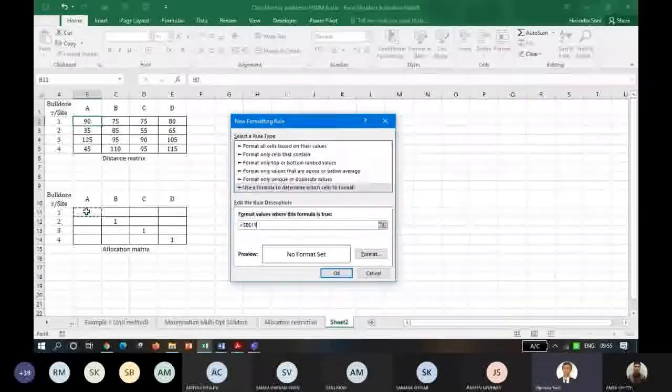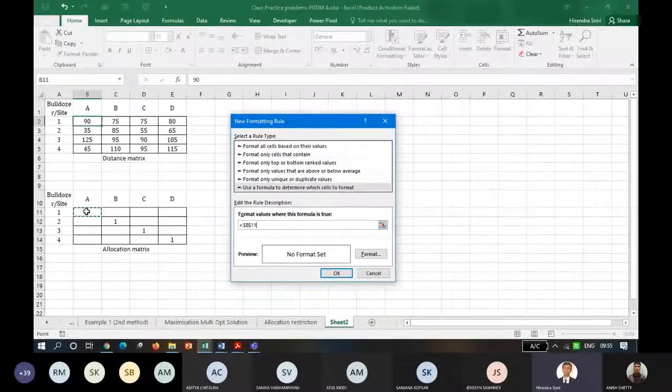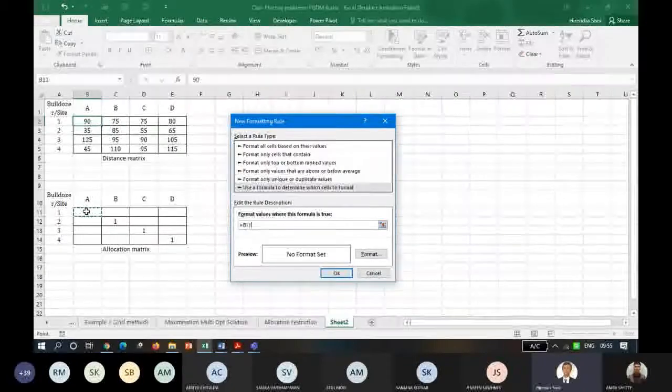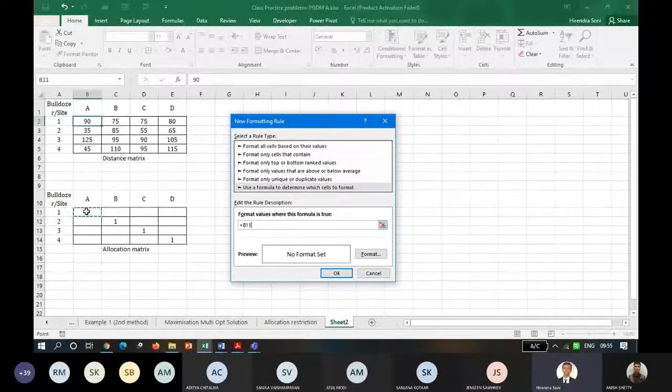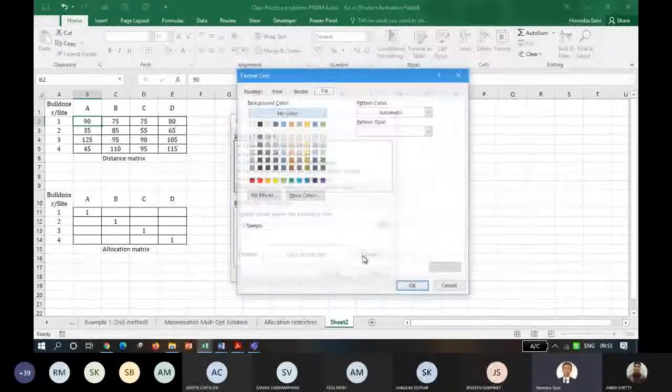The formula would be: if this cell is equal to 1. But before doing that, I need to remove the dollar symbols. Otherwise, what will happen is, when I apply the format painter, all these cells will be looking at only this one cell. So remove the dollar symbols, equals to 1, and I will set a format.